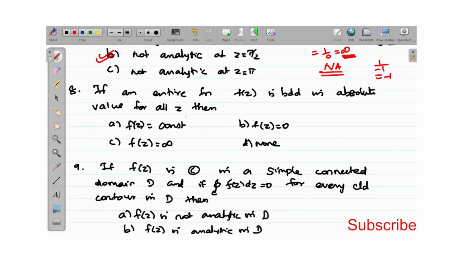Now eighth question. If an entire function f(z) is bounded in absolute value for all z, then f(z) is equal to constant. Entire function means it is analytic. An analytic function that is bounded in absolute value for all z is constant. This is the statement of Liouville's theorem.